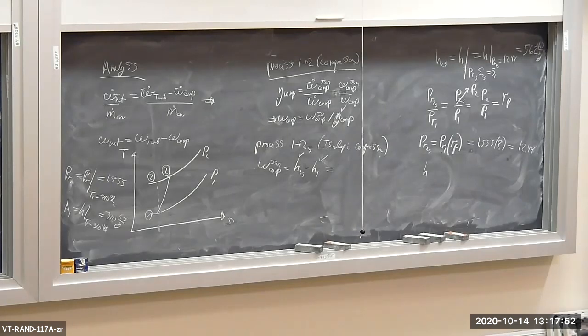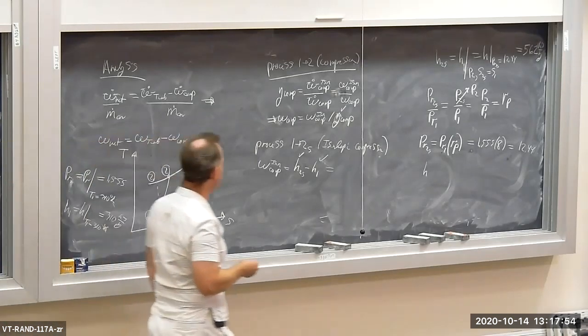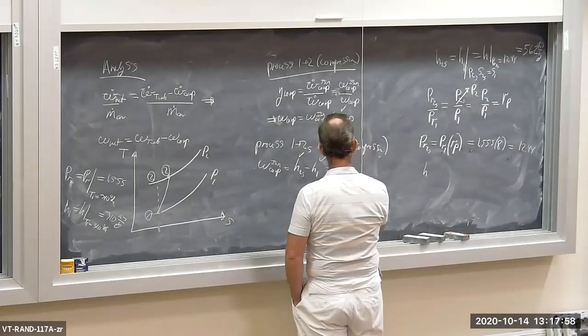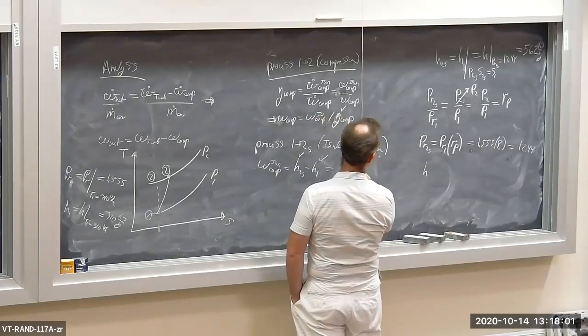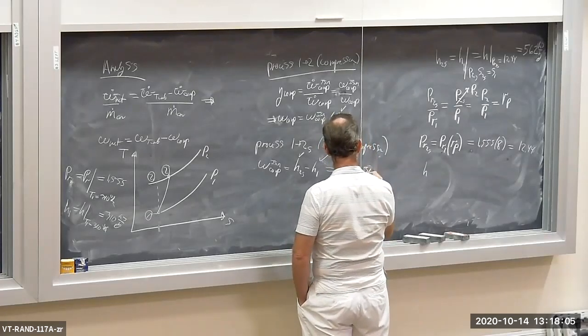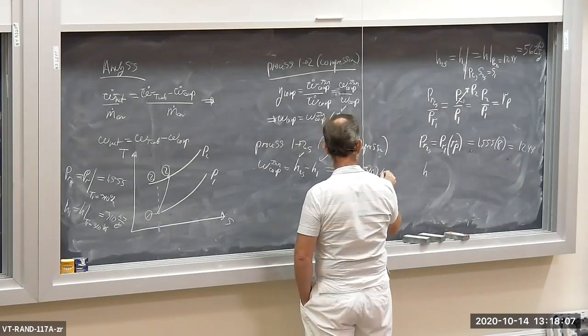So the isentropic compressor work is 562 minus 310 kilojoules per kilogram.